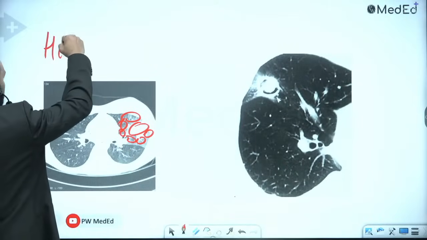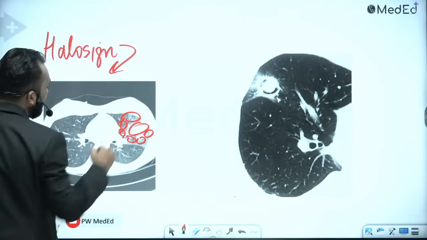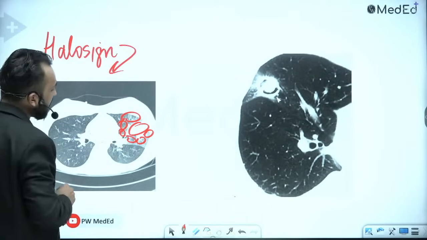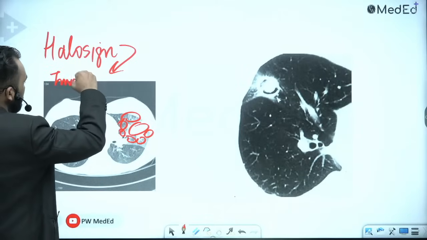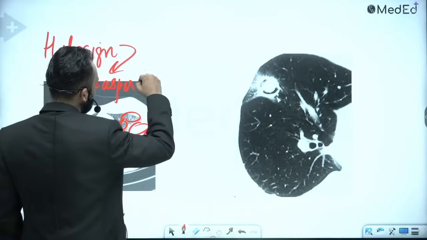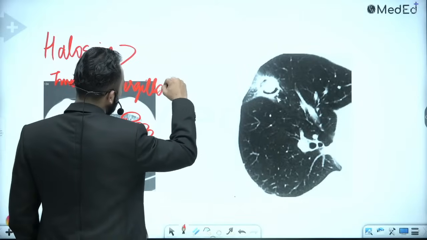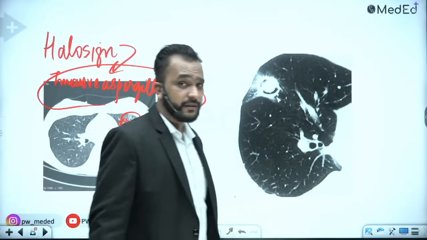Very good. This halo sign is seen in invasive aspergillosis.